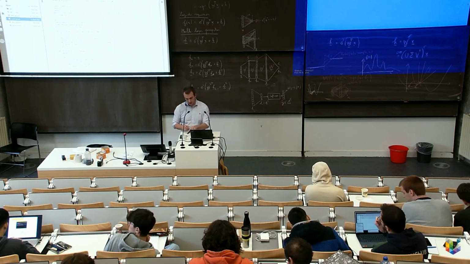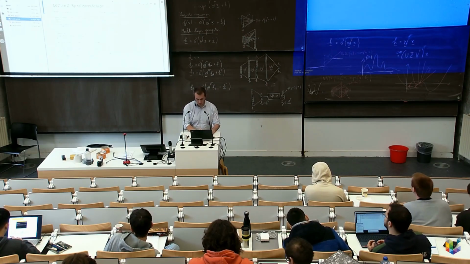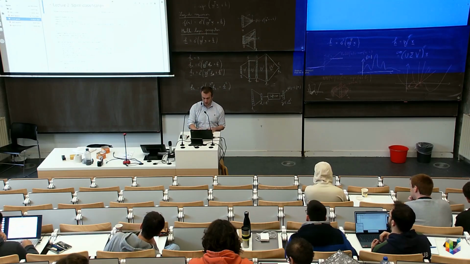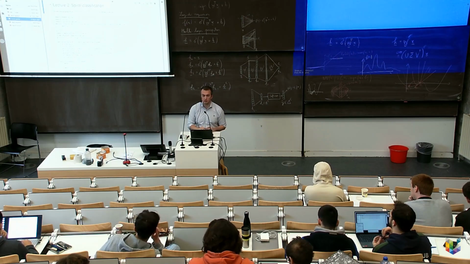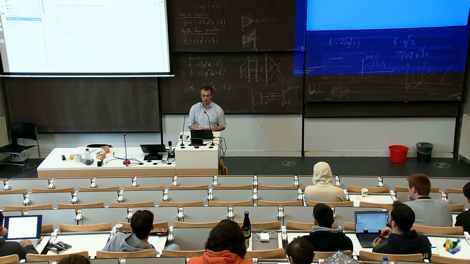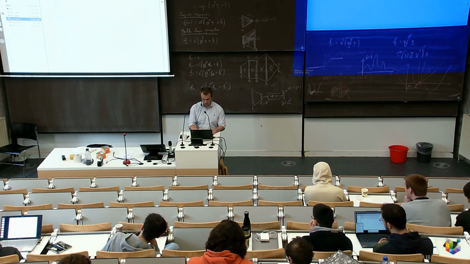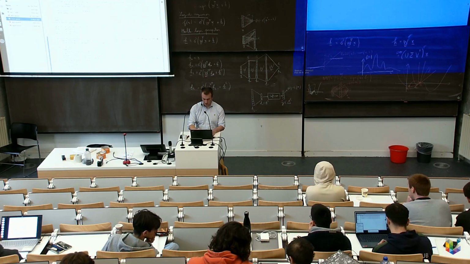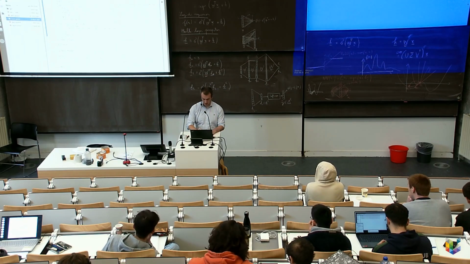Okay, so now for the last part, I just want to show you a concrete example in code of one of these multi-layer perceptrons, and we'll try to evaluate whether or not they actually work to solve a simple problem. Okay, so the data I will use is this one.